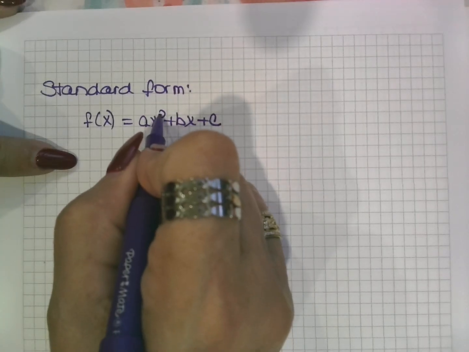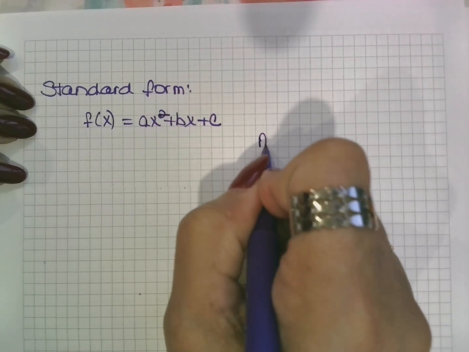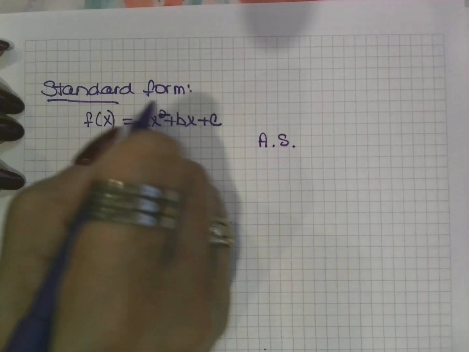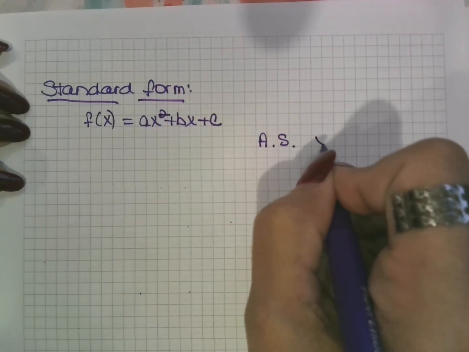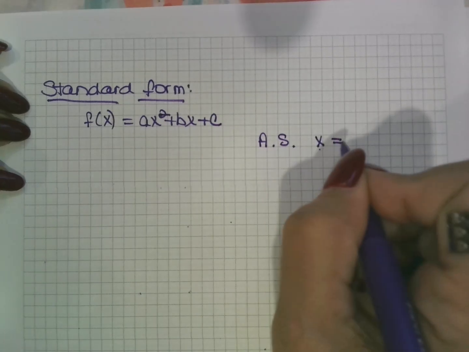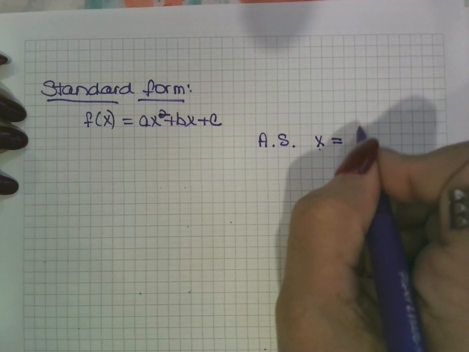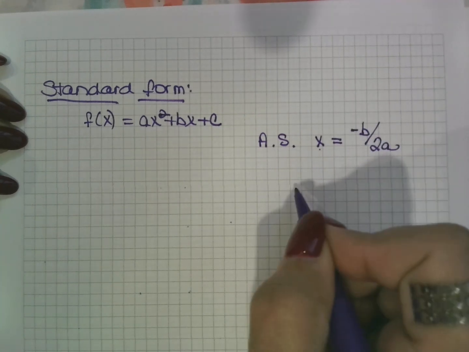This one requires you to do a little bit of math to find the axis of symmetry. Unlike vertex form, which was easy to spot, standard form requires us to do a little bit of math. And x is going to equal, x being the name of the axis of symmetry, the line, x equals -b divided by 2a.